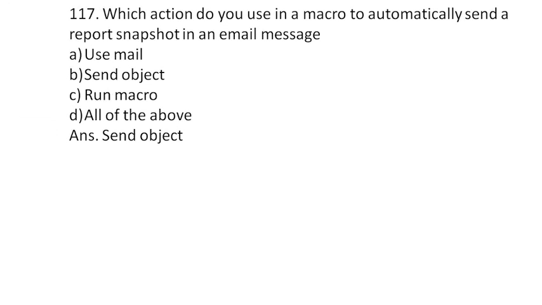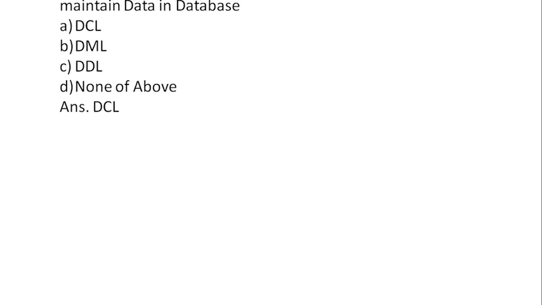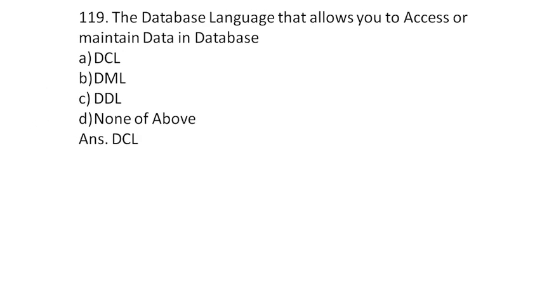Next, which action do you use in a macro to automatically send a report snapshot in an email message? Answer: send object. Next, which type of query is used to add records from one table to another? Answer: append. Next, the database language that allows you to access or maintain data in a database. Answer: DCL.